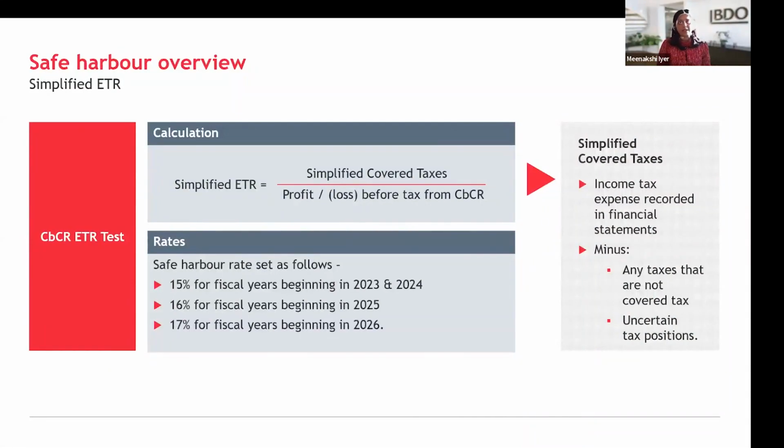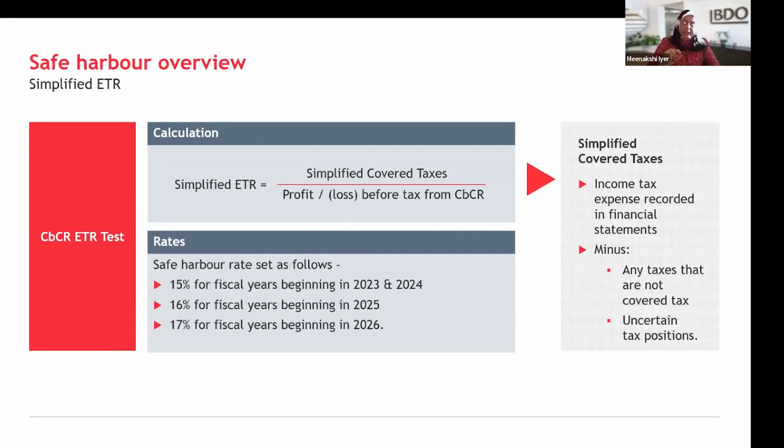The first one is the simplified covered taxes, which actually comes from the income tax expense recorded in the financial statements of the entities, rather than the C by C, less any taxes that are not covered taxes, and you also take out the uncertain tax positions. So that's how you calculate the simplified covered taxes. And then you divide this number by the profit or loss before tax from the C by C.